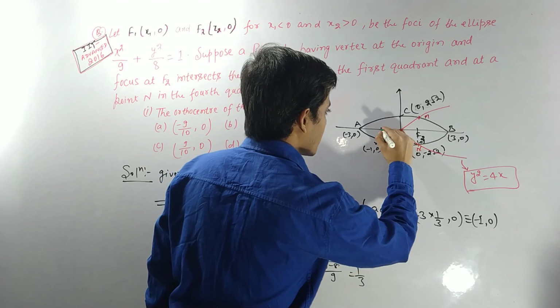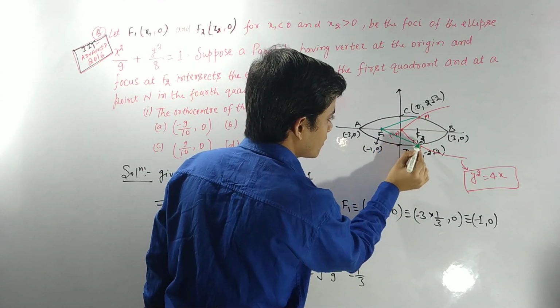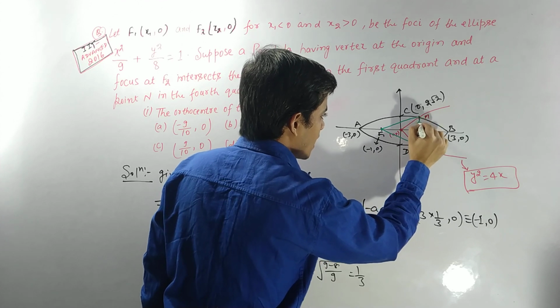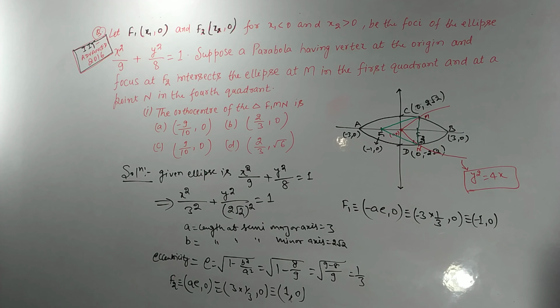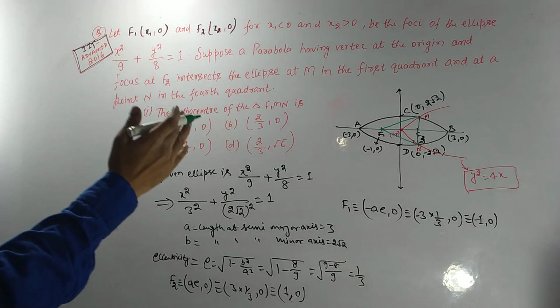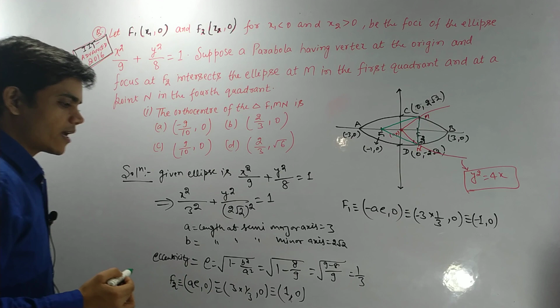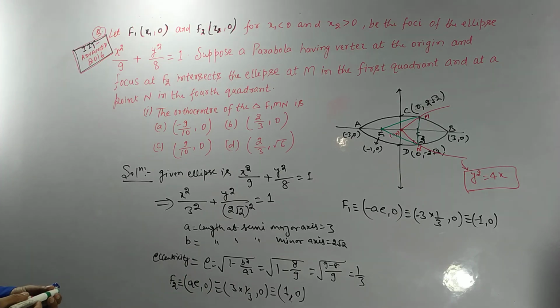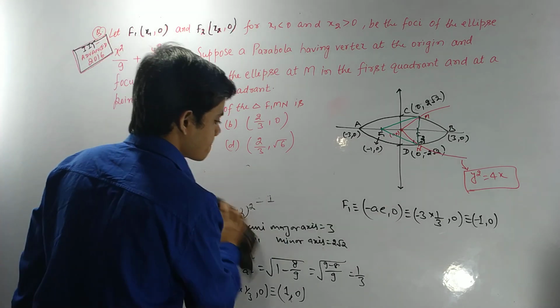So F1, M and N. Okay, we have to get the orthocenter of this green triangle F1MN. Let me rub this.